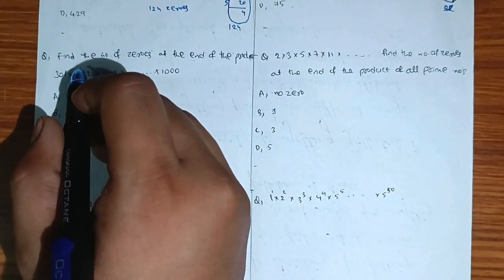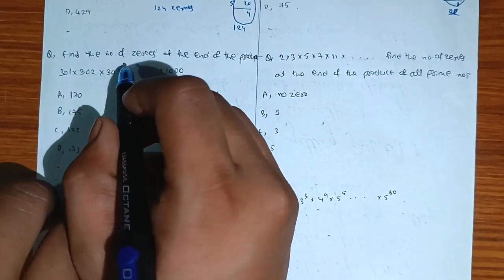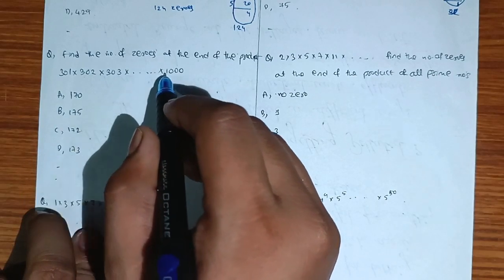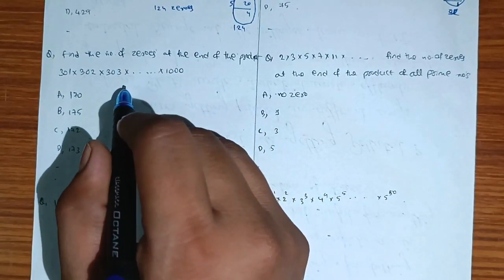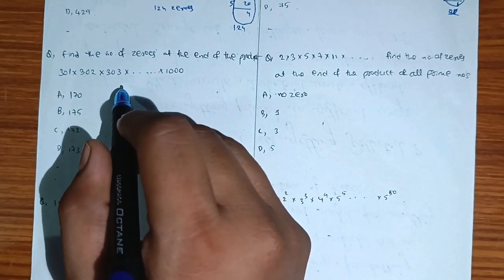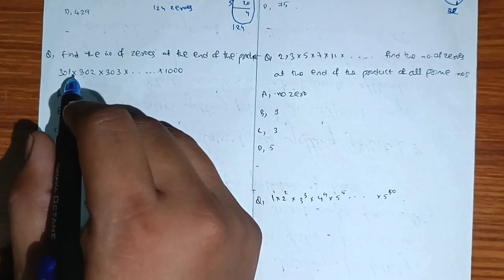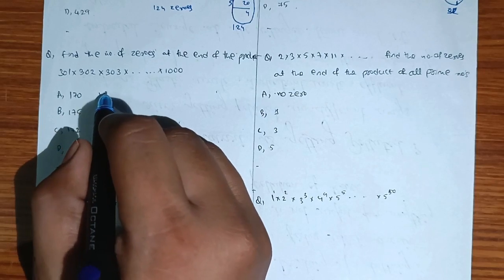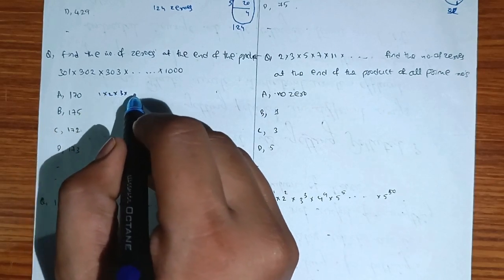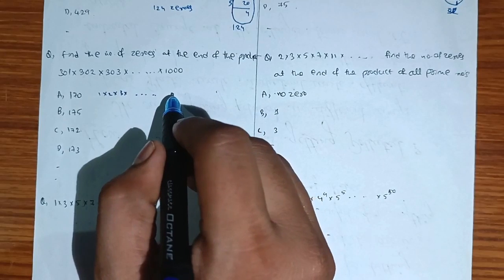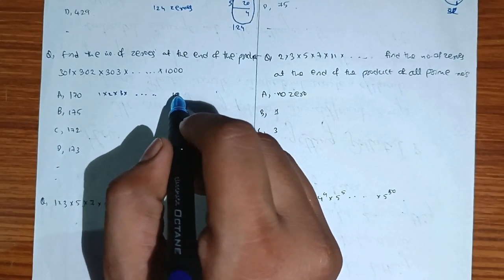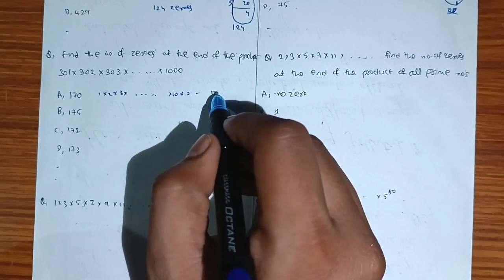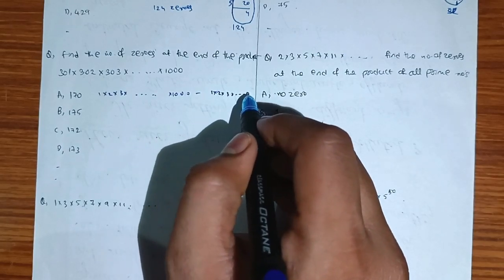Well, let us move to this question. Find the number of zeros at the end of the product 301, 302, 303 and so on up to 1000. So we have the values from 301 only, so we can find it from 1. You can apply it directly like this: 1 cross 2 cross 3 and so on up to 1000, minus 1 cross 2 cross 3 and so on up to 300.